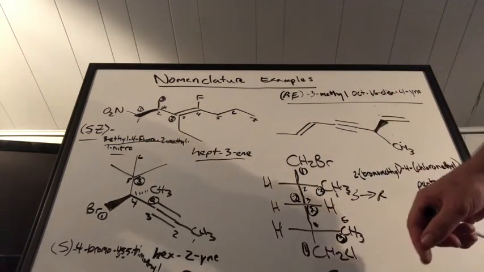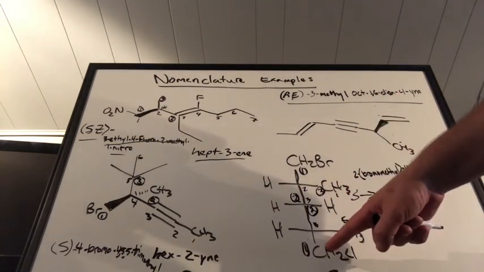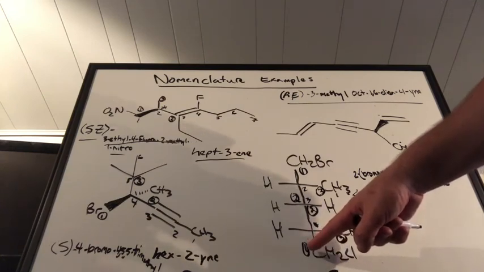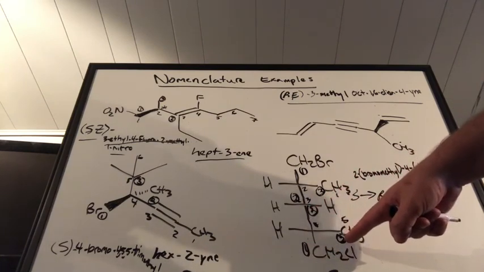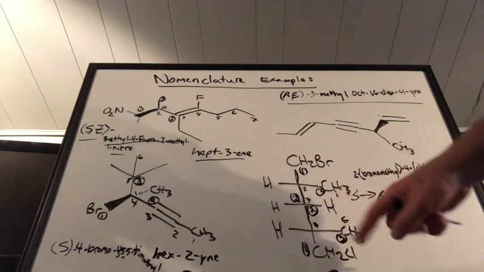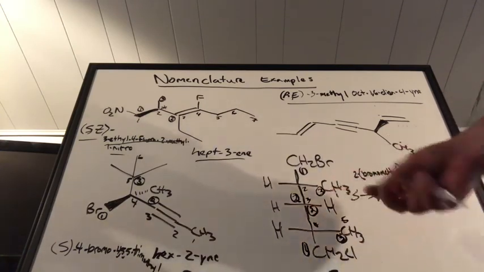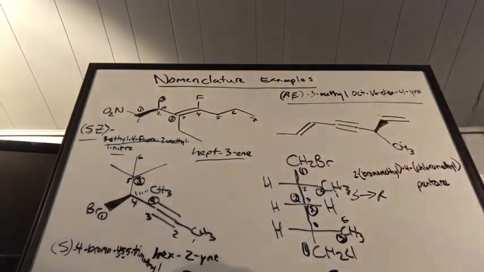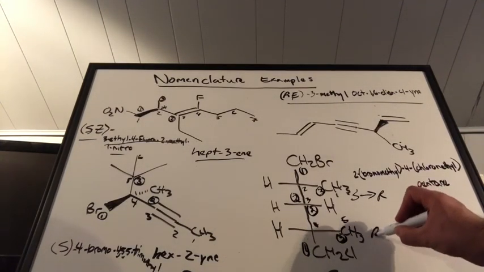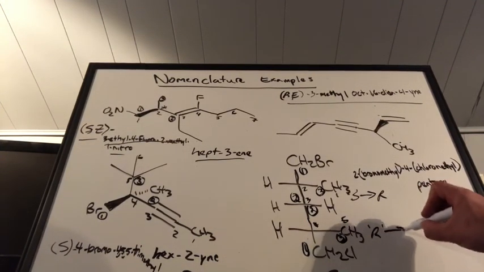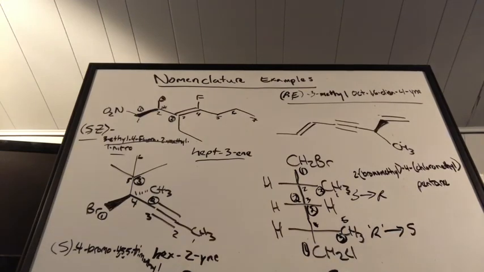When you twirl it around to the back, it's going to go 1, 2, 3. As we're looking at it, it's going to be R, but if it were flipped around, it's going to be S. So we'll put R in quotation marks, turn it around to S to be what it actually is.